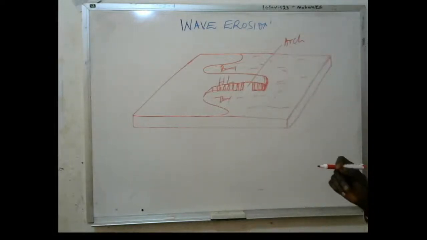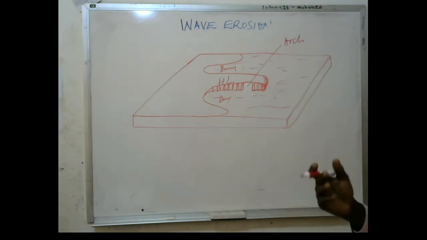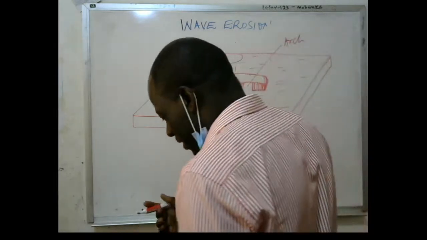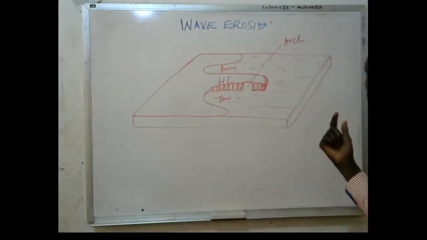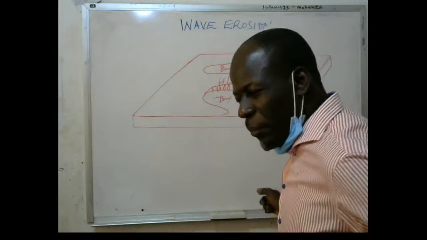So we can say the arch will not form unless you have a headland. So the headland will give rise to an arch when it is attacked or eroded from either side by waves, therefore drilling a passage across it.